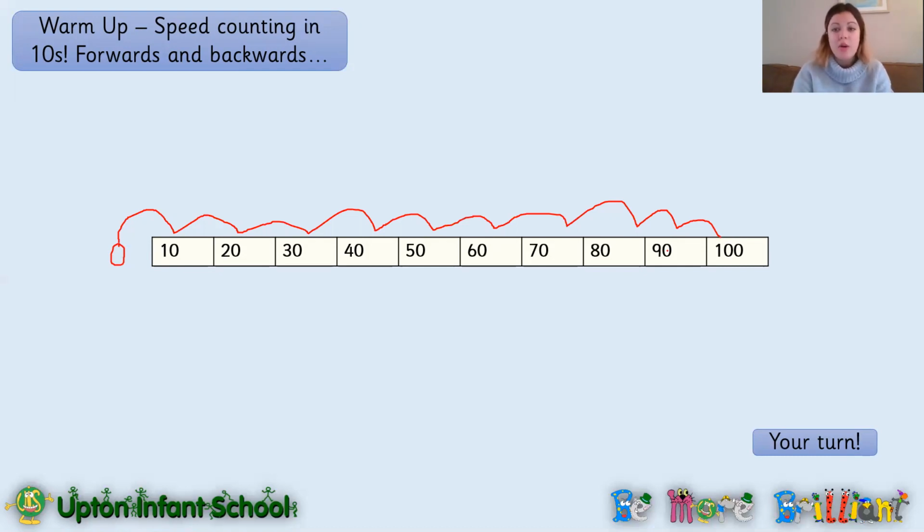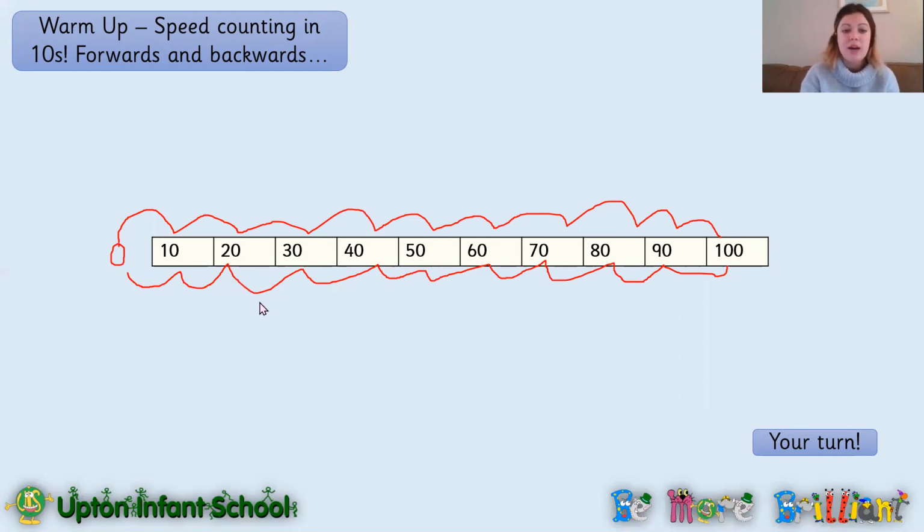Okay, let's do that again, but let's go backwards this time from 100. 100, 90, 80, 70, 60, 50, 40, 30, 20, 10, 0. Hopefully when you got to 40, 30, 20 then, you pronounced that nice and clearly.